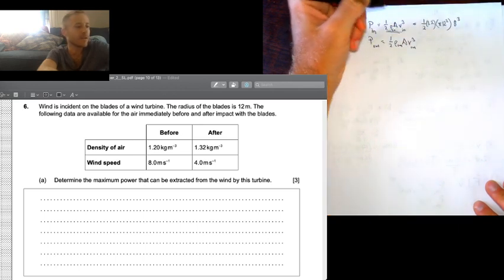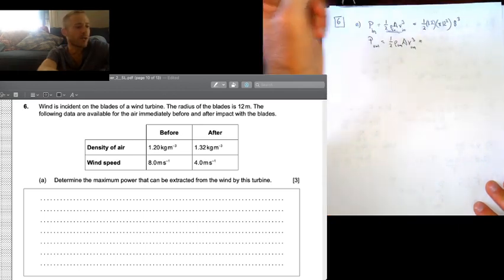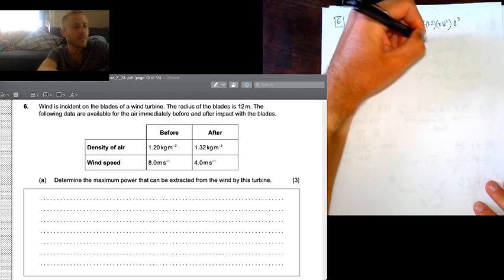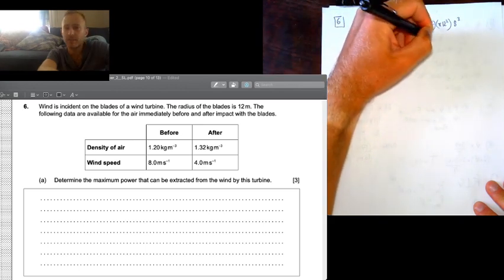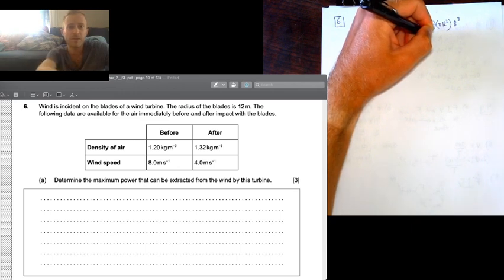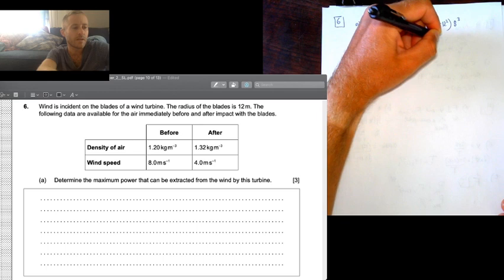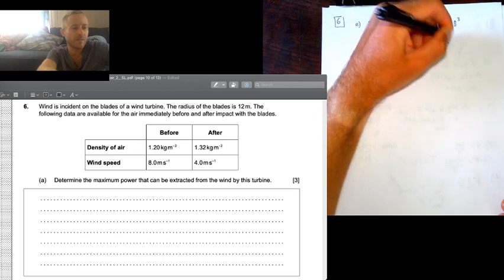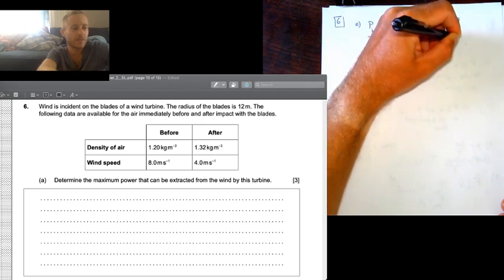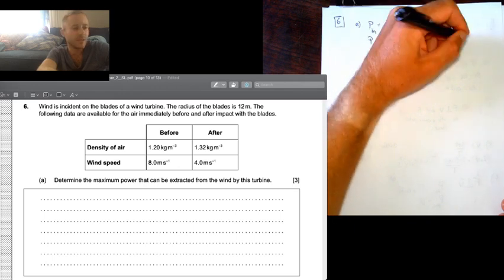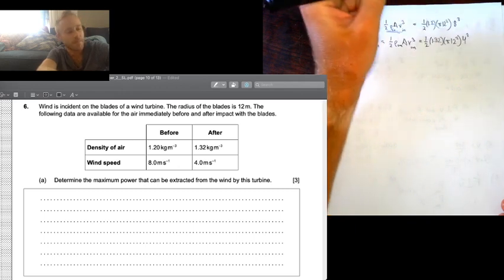For the power going out, 1/2 times the density on the backside of the wind turbine, which is slightly higher. The area is still the same, pi times 12 squared, and then the speed has gone down significantly.